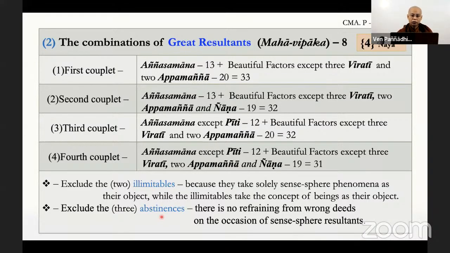So here, during the moment of great resultant, these three functions, Paṭisandhi, Bhavanga, and Tadārammaṇa, are considered passive. Tadārammaṇa is translated as registration. It is just a follower of the Javana and does not make change.